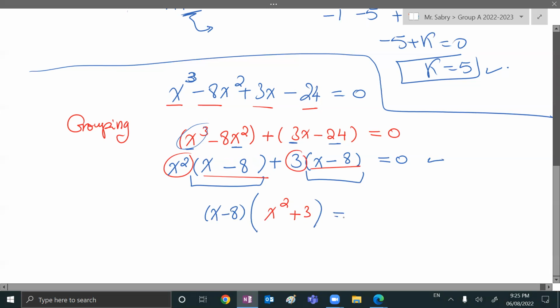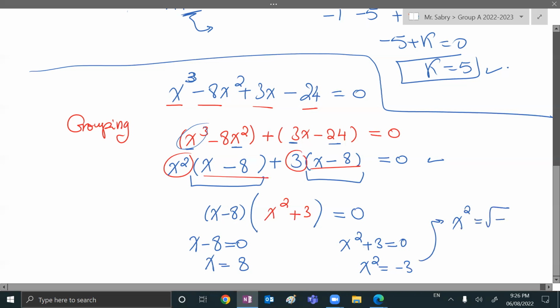Now I have 2 brackets times each other equals 0. Once I reach this stage, I say either the first one equals 0, or the second one equals 0, and I try to solve. This one, x will come out as 8. This one, x power 2 will become negative 3. And I cannot get the square root of a negative number.